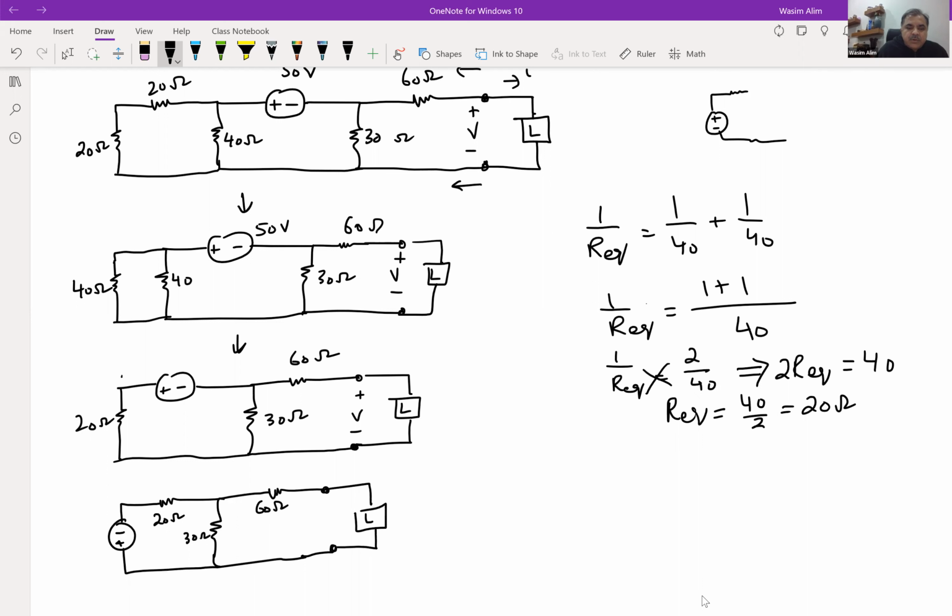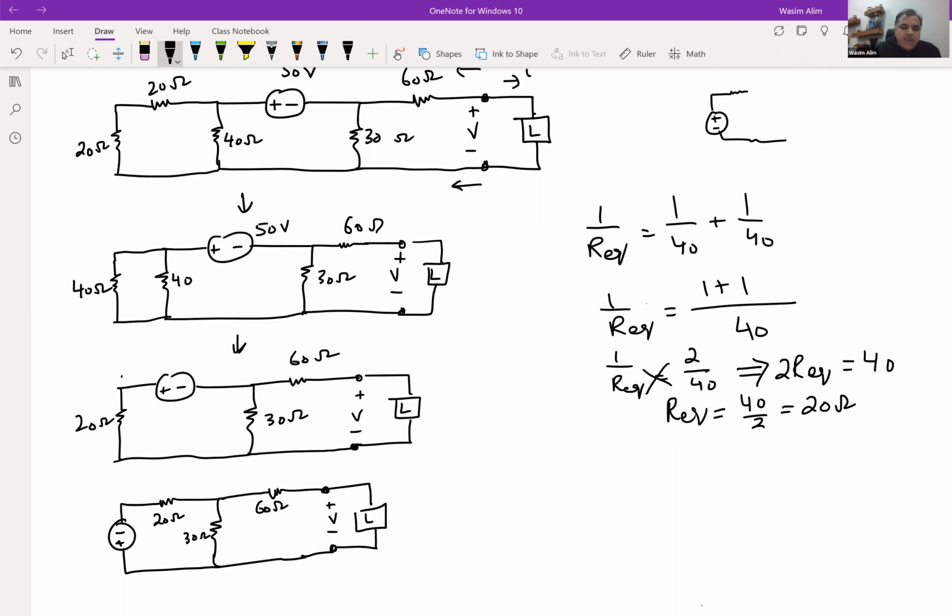And over here, I have this load here, which is voltage there. So now, if I look at this, there are two ways I can go about this, right? One is I see a Y circuit here. So I can convert this to a delta combination, or then I'll see what I'm left with.